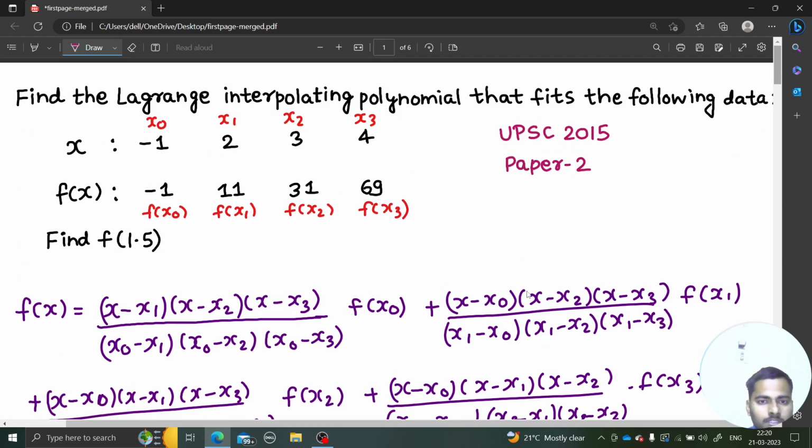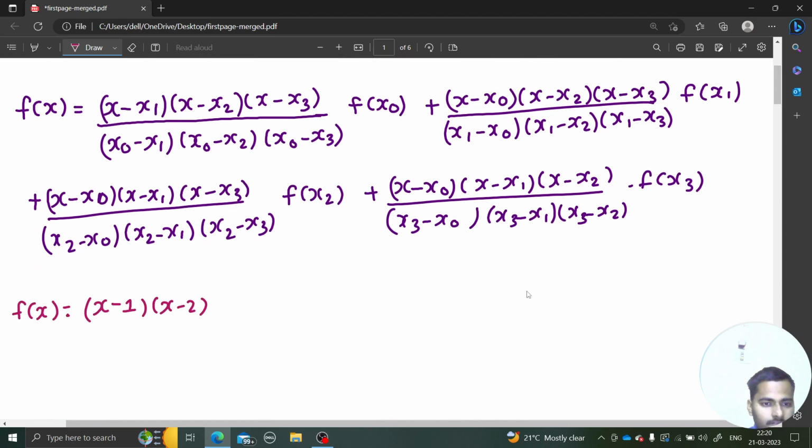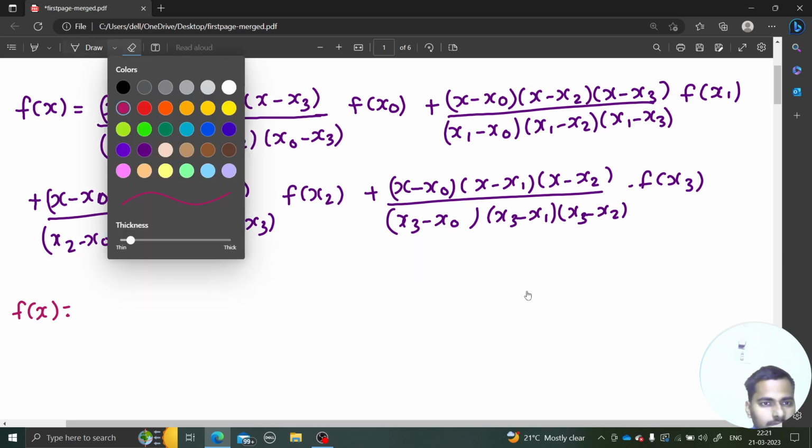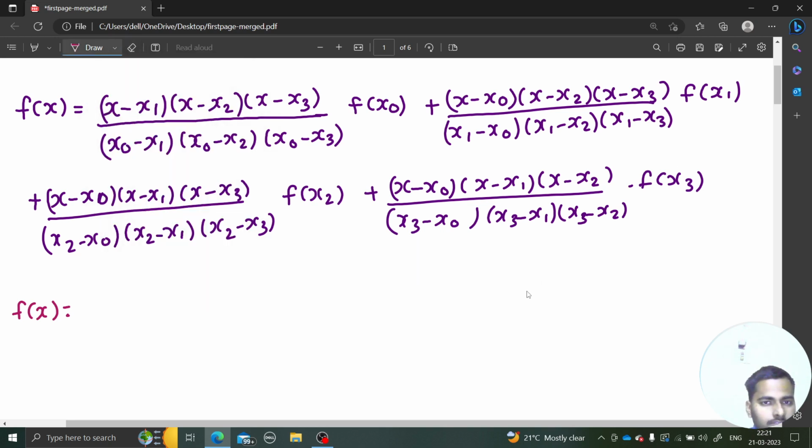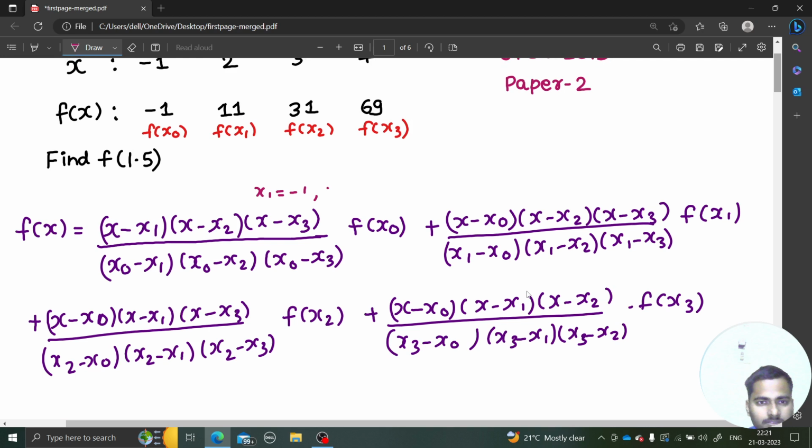Let's write it somewhere near. So I'm writing it here. x0 is minus 1, x1 is 2, x2 is 3, and x3 is 4.